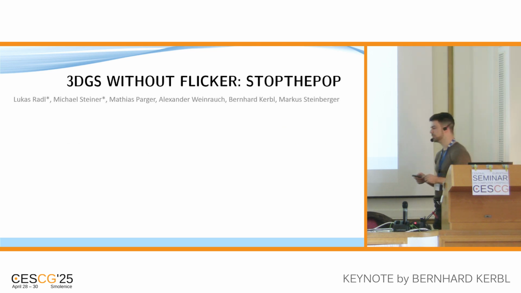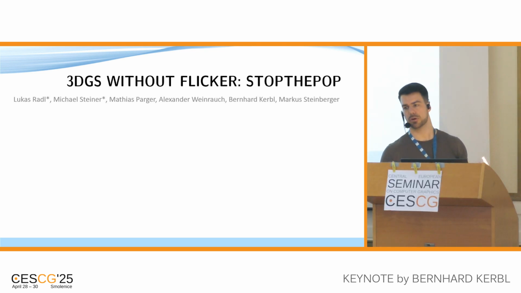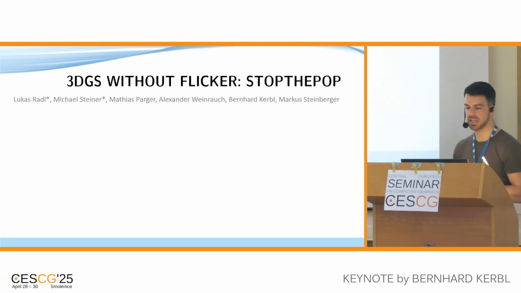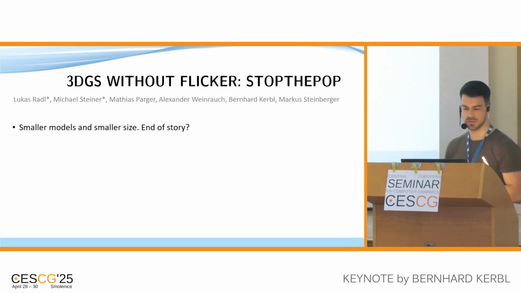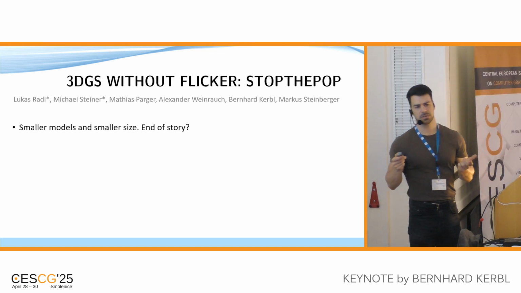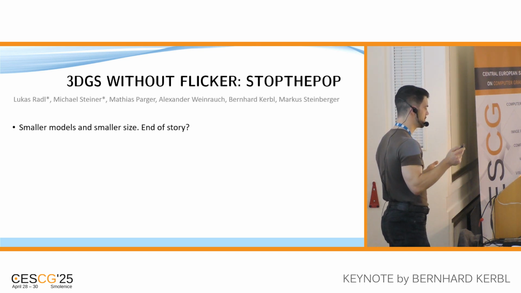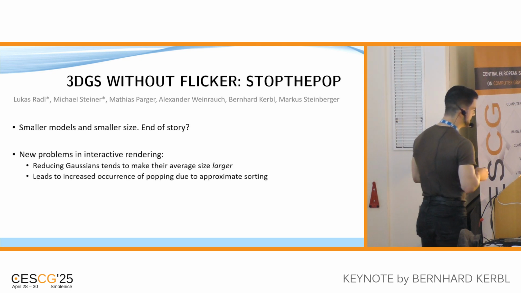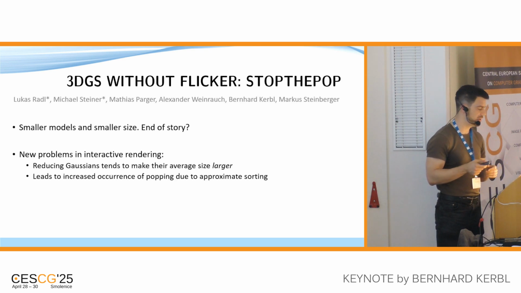Now, there's another approach left that we need to look into, because 3D Gaussian splats, being portable, compact, and easy to render, still have the problem of popping artifacts. So now we have our smaller models, we have our portable models, and is that the end of the story? Unfortunately, this is not the case, because we have problems in interactive rendering.